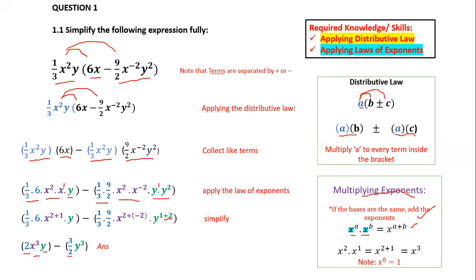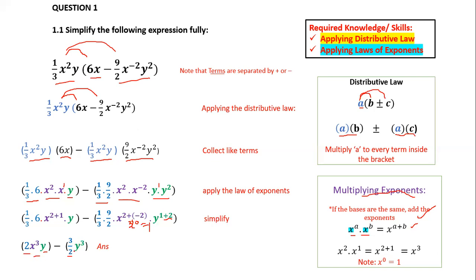X to the power 2 minus 2 gives x to the power 0. And what is x to the power 0? It is equal to 1. Remember, any number to the power 0 is equal to 1. So our answer from this side is going to be 1. And then we have y to the power 1 plus 2, which gives us y to the power 3.